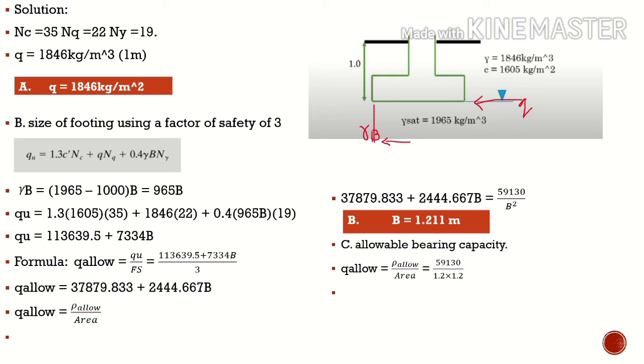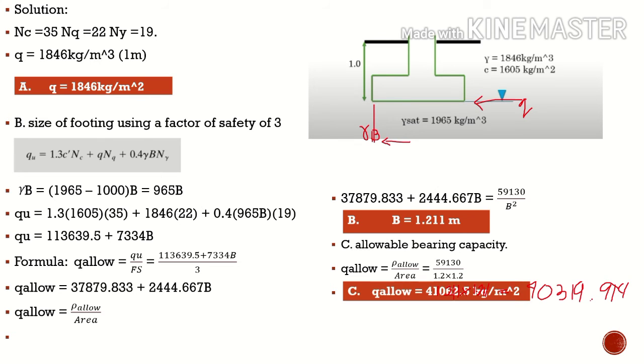We have the allowable load, 59,130, divided by the area, 1.211 times 1.211, which is equal to 40,319.914 kilogram per square meter. So, that's all.